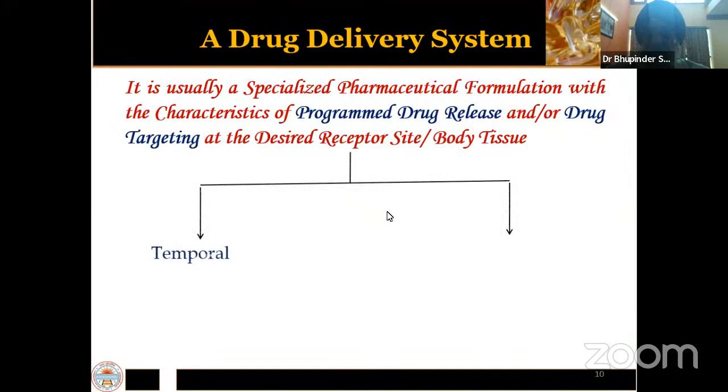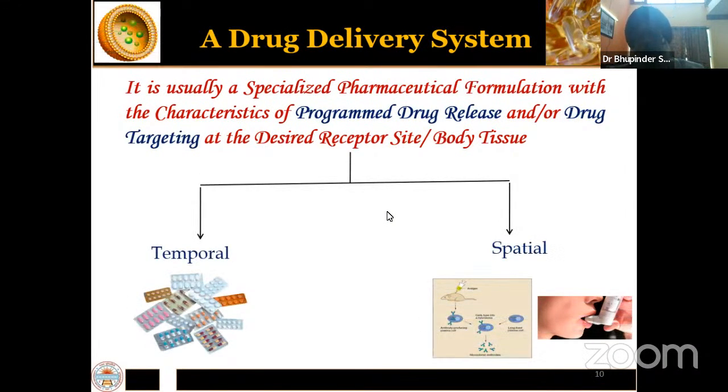A drug delivery system may be of possibly three kinds. Although this slide differentiates between temporal and spatial, of late in the last 15, 20 years, another class of drug delivery systems has emerged as a very popular class, that's bio-enhanced systems. So drug delivery systems could be temporal, where the time has been tempered: controlled release, prolonged release, or fast release; or where the target has been tempered, that's targeted drug release systems, which are also called spatial drug delivery systems.